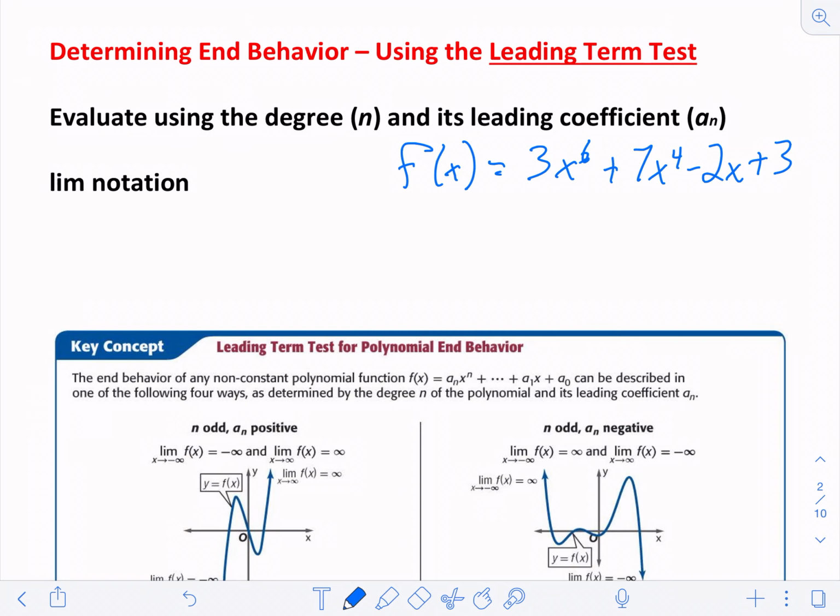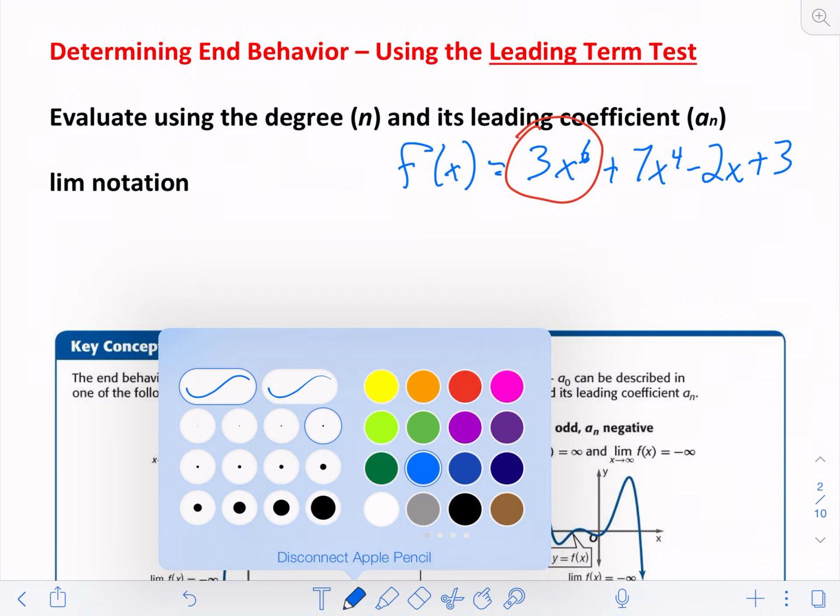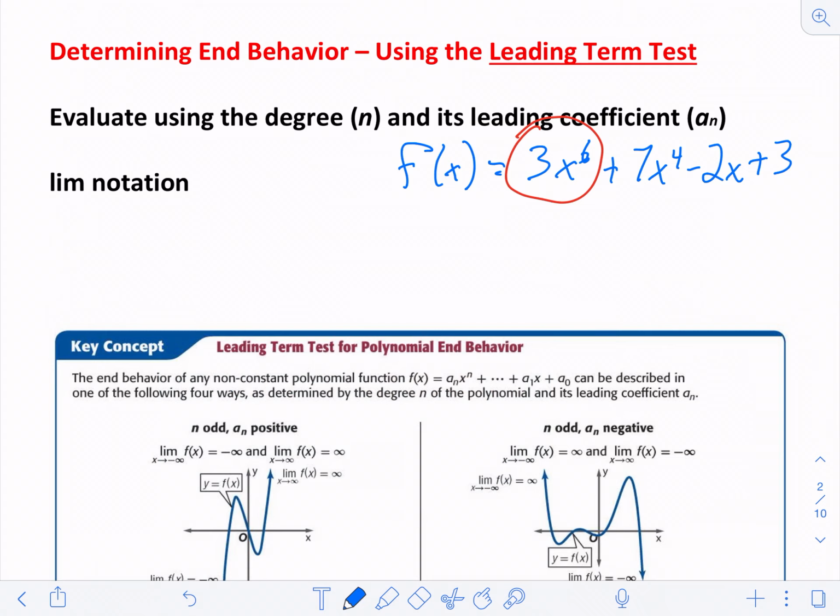What we're going to do is look at this term right here, this 3x to the 6th power. Based on the characteristics of that, we can determine what this graph does. First of all, there are two terms I want to bring up here. The degree of this particular term is 6, because that's my exponent, and the leading coefficient is 3.